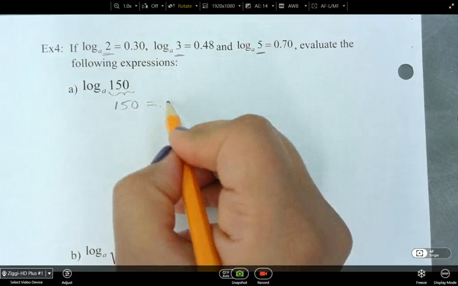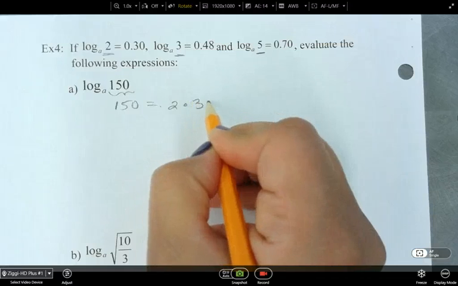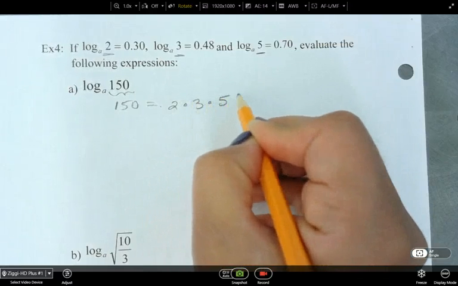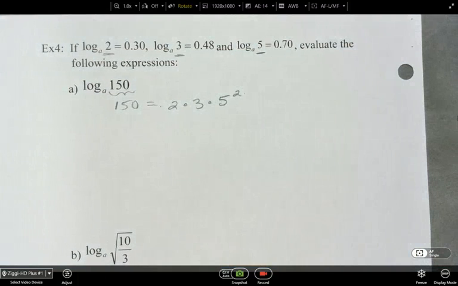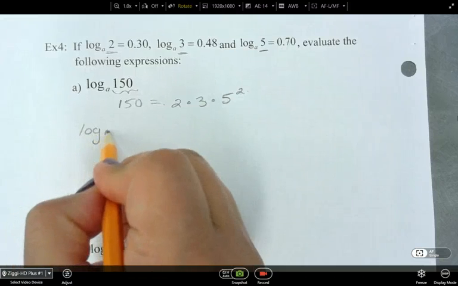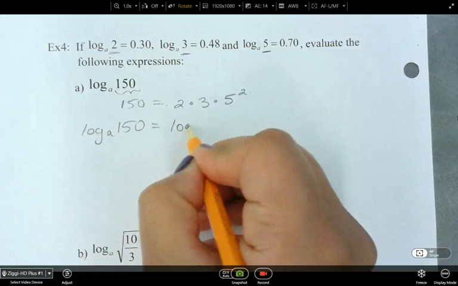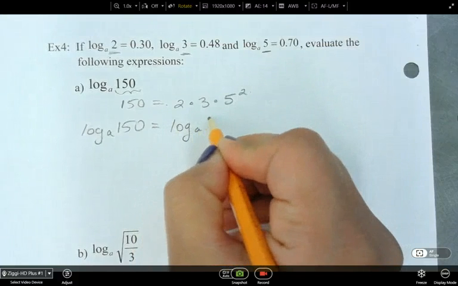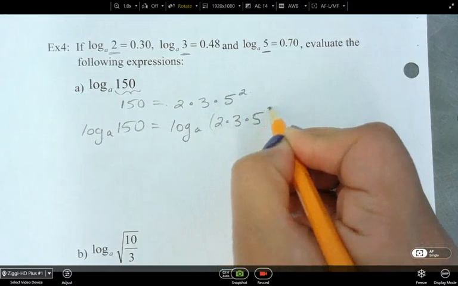So I have 2 times 3 times 5 times 5. Can I write 5 squared? All right, so now I can write log A 150. I can say that that's equal to log A of 2 times 3 times 5 squared.